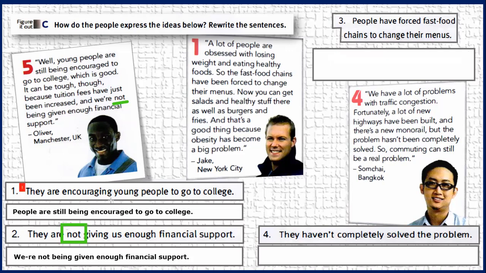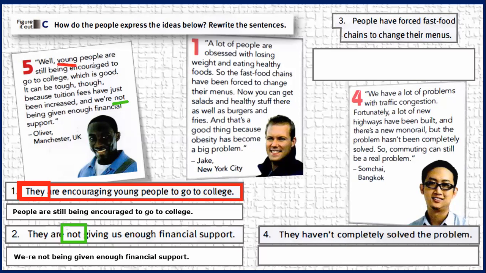This is the expression: they are encouraging young people to go to college. In this case, we say they. But Oliver doesn't say they. Oliver says young people are still being encouraged to go to college. These are the exact words, yes?